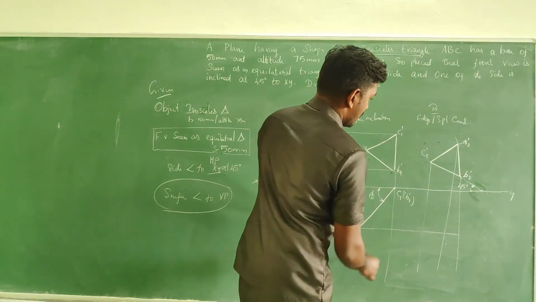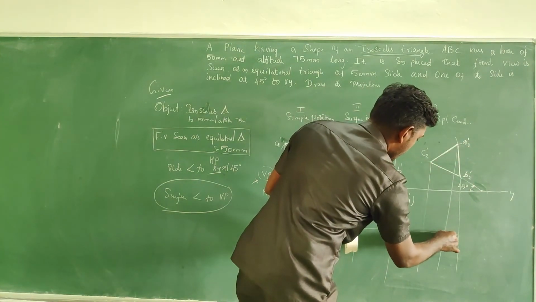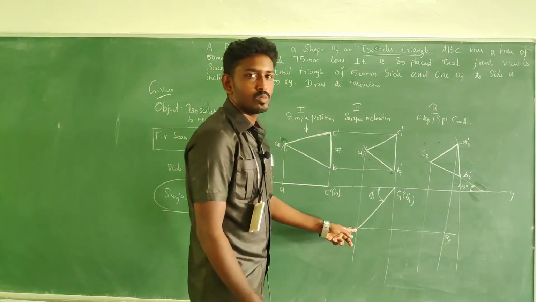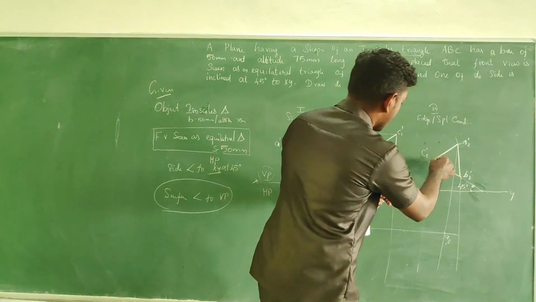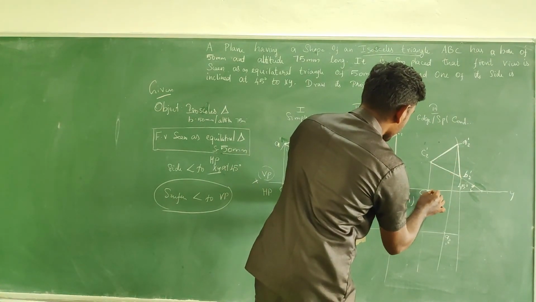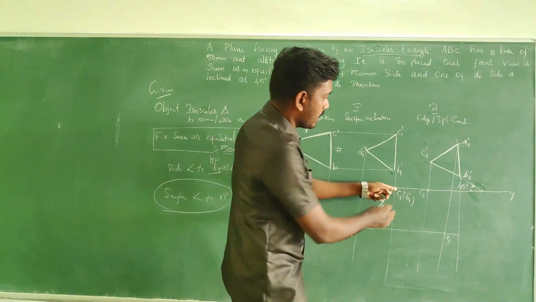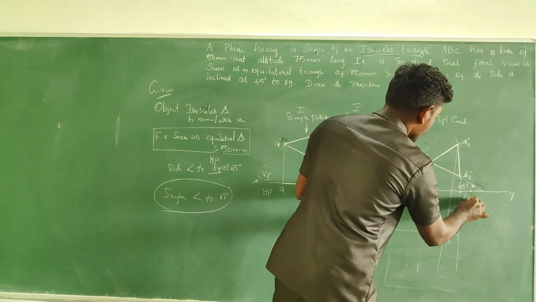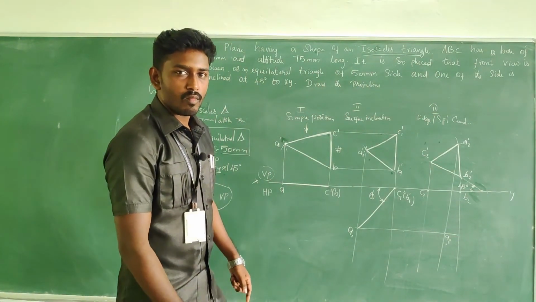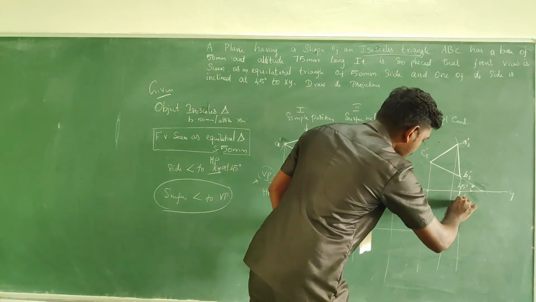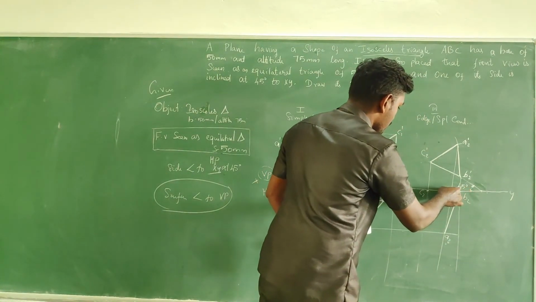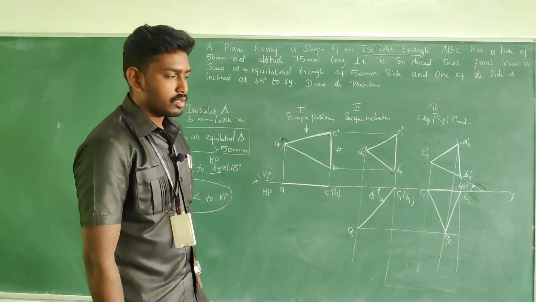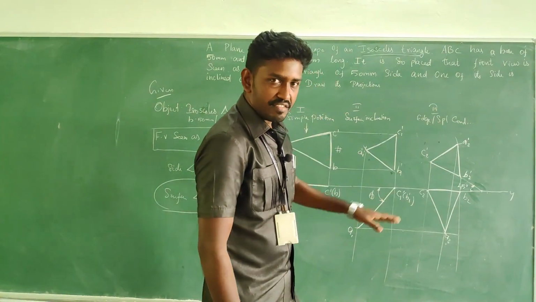Here it is A and here it is A. So this point becomes A2, and here it is C and here it is C. So this becomes C2, and here is B and here is B. So this point becomes B2. Try to join all the points which we have picked, A to B, B to C, C to A, so that you will be tracing out the final top view.